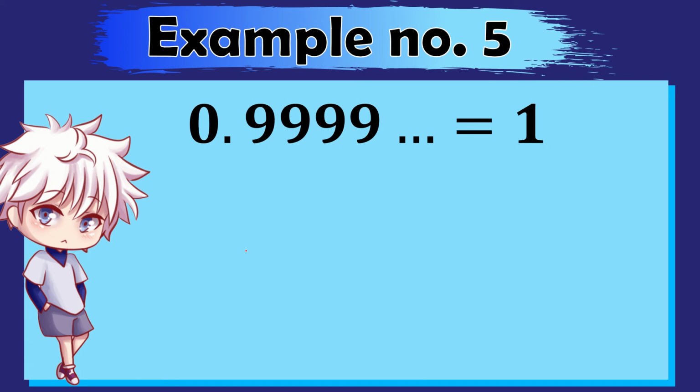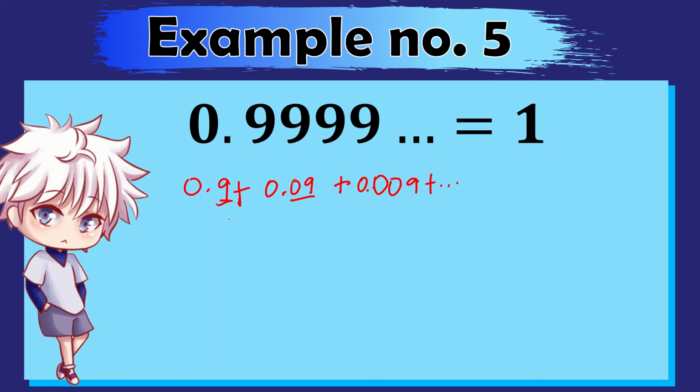Okay, let's have the solution. Di ba magiging 0.9 plus 0. Isang digit to kaya 0 muna bago isang 9 plus 0. Dalawang digit so add ng dalawang 0 bago si 9 and so on.